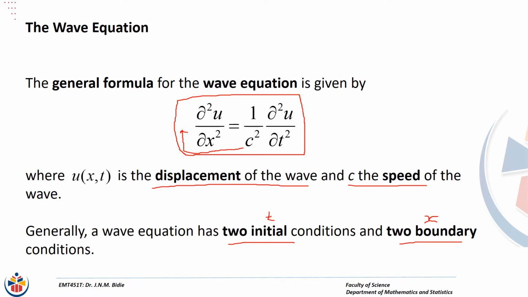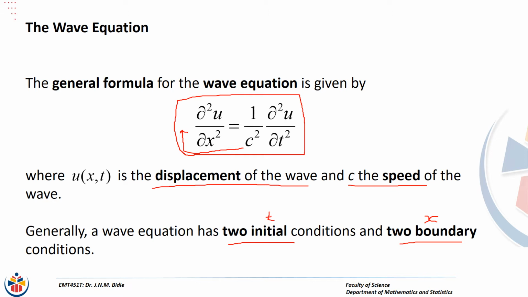So the string must have a length. Our string always starts from x equal to 0 to x equal to L, where L will be specified depending on that particular length of string.